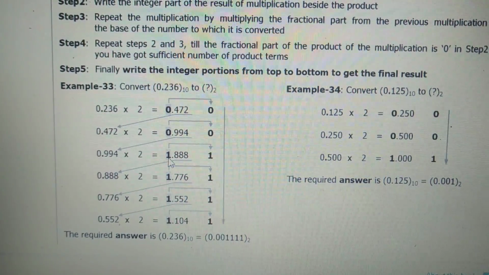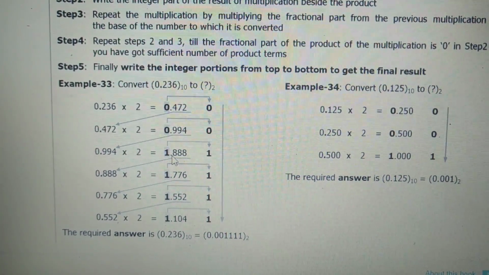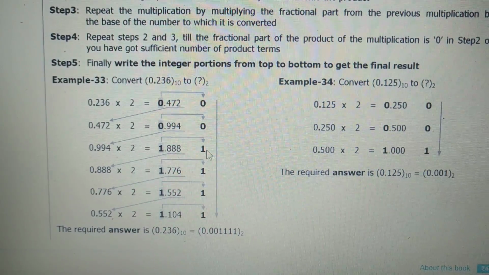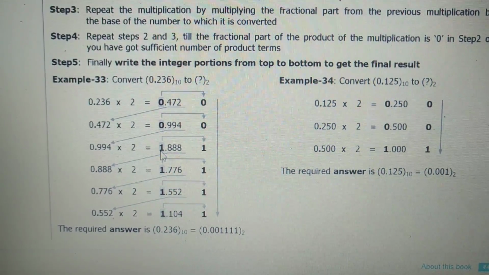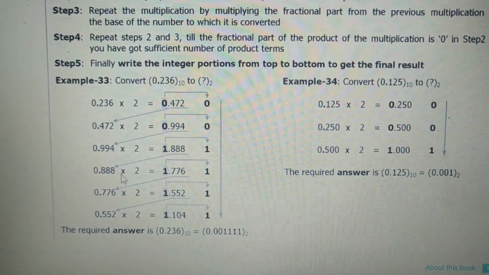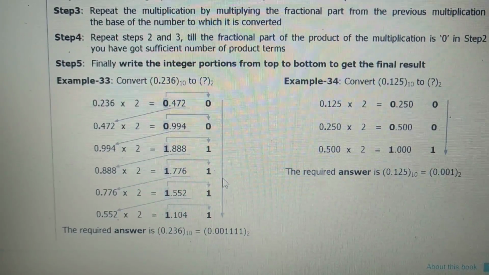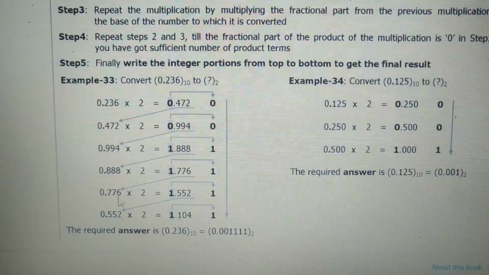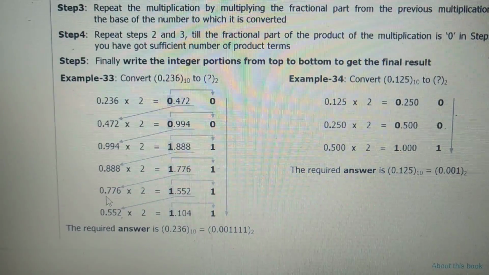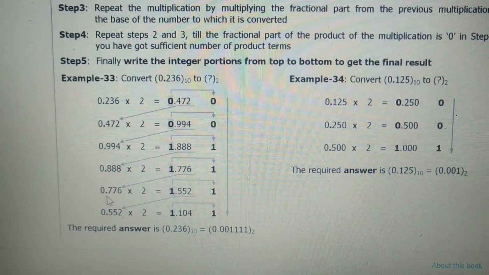We get 1.988. So 1 is the integer part, and the fractional part left is 0.988 times 2, which is 1.976. Again we write 1, and the fractional part is again multiplied: 0.976 times 2. The answer is 1.952.